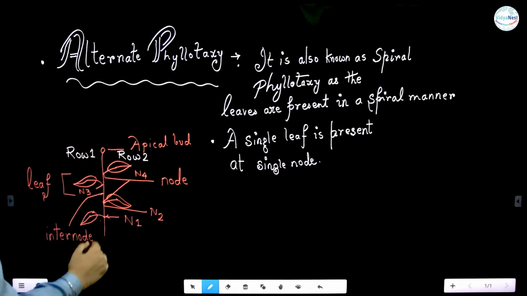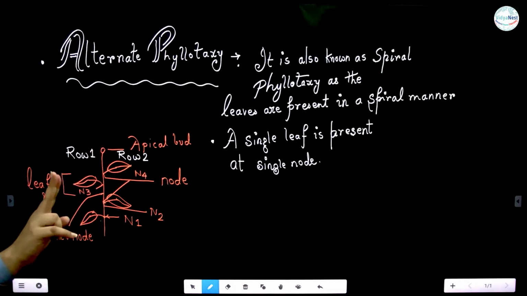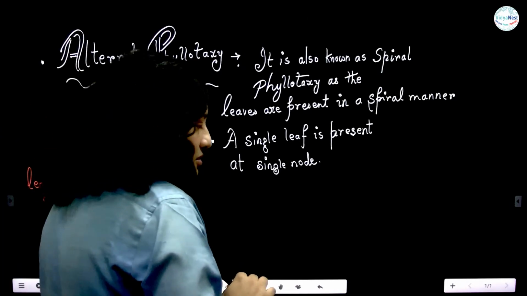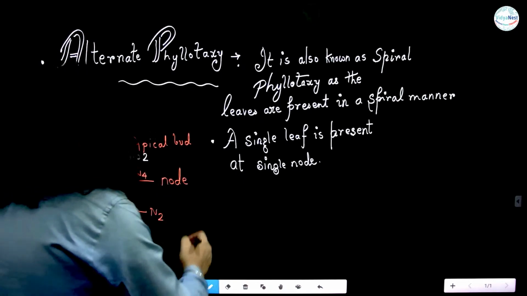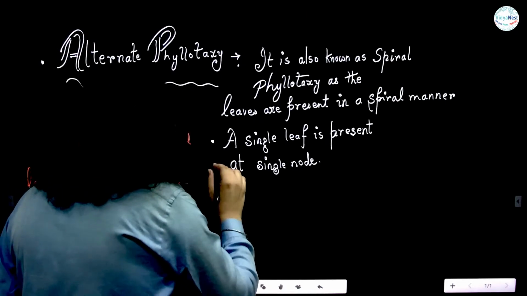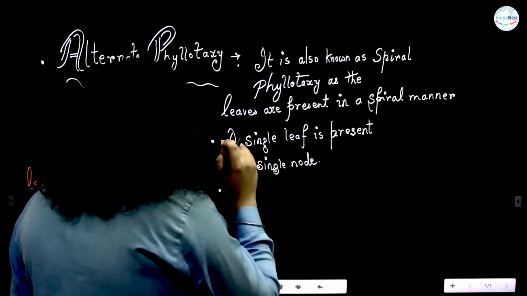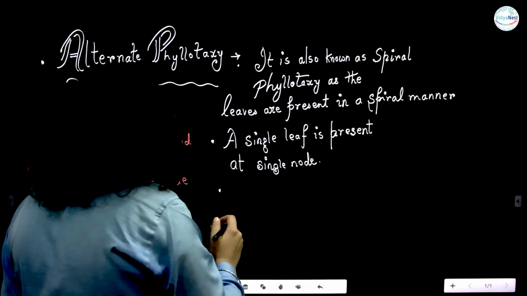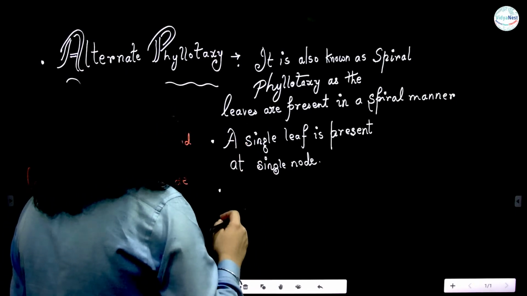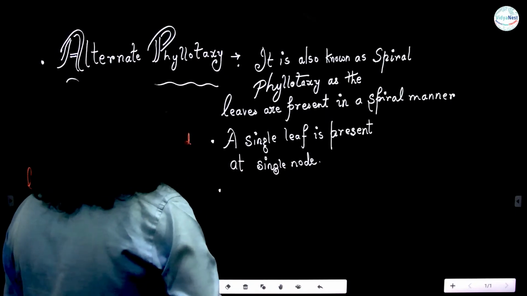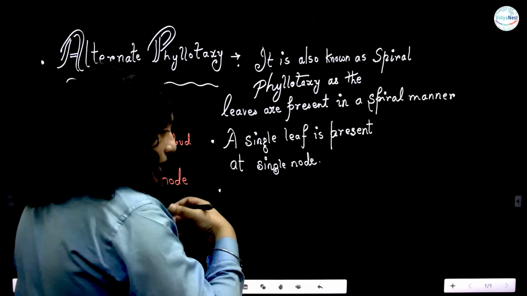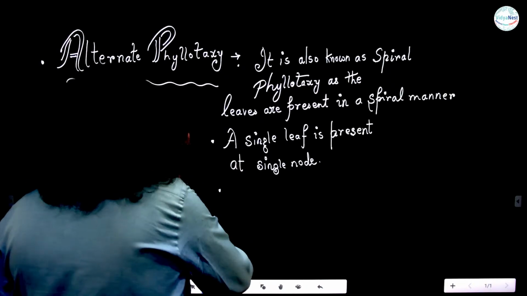The leaves are arranged in 2 different rows, right or wrong? This point is also important. Along with that, a single leaf is present on a single node. So the leaves appear to be arranged in 2 rows.